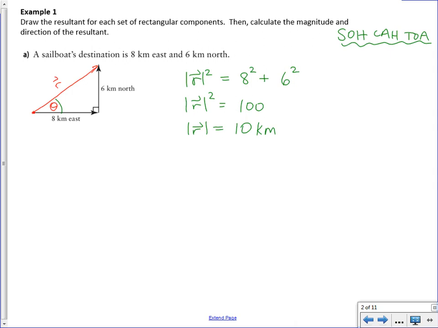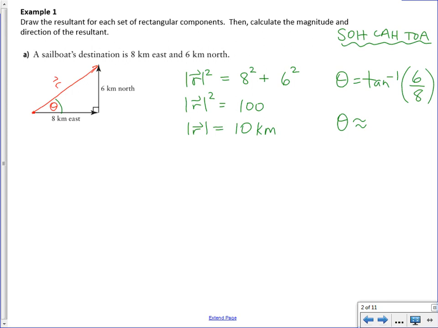So if I want to find theta, you can go tan theta equals, or I'm actually fine if you just want to go right to town and go tan inverse. I know I'm finding theta, so theta will be tan inverse of opposite over adjacent, 6 over 8. Okay, and so I grab my calculator.